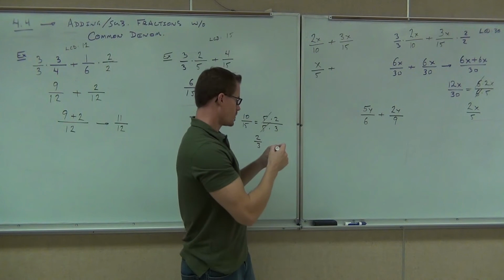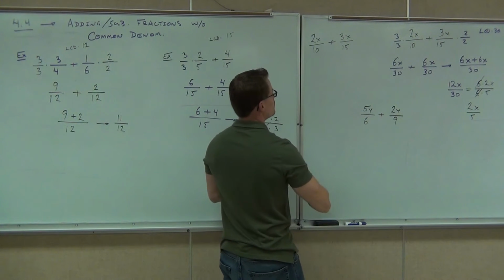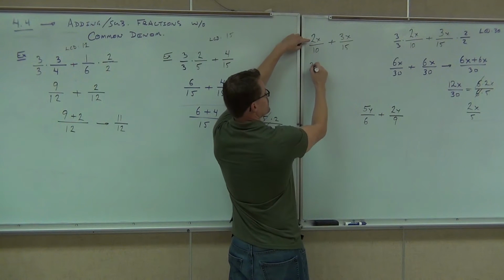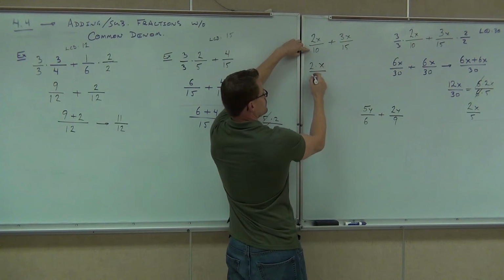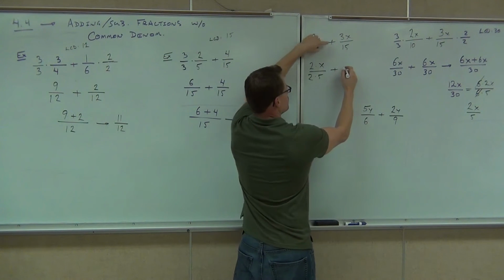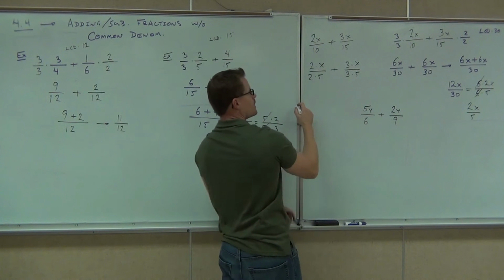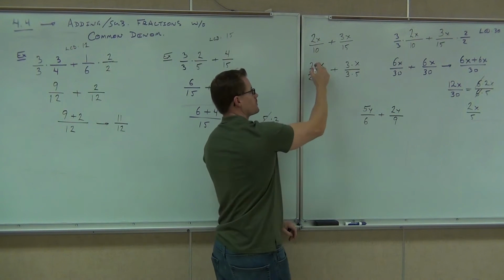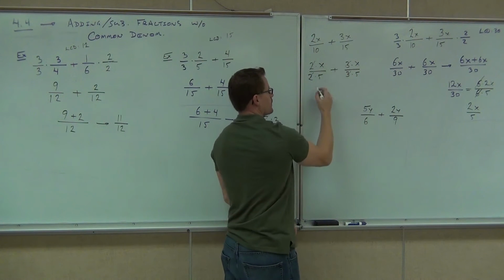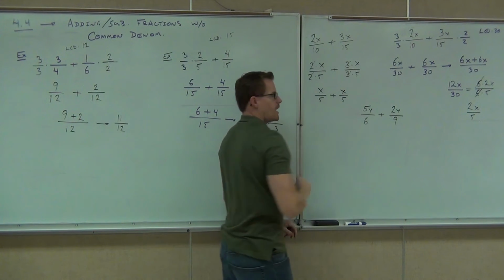Okay, so in our case up here, remember that 2x, we could write 2 times x. 10 would be 2 times 5. This would be 3 times x. This would be 3 times 5. Every time you have matching factors, they're gone. x over 5 plus x over 5.